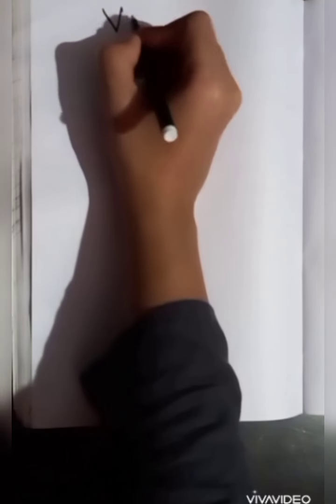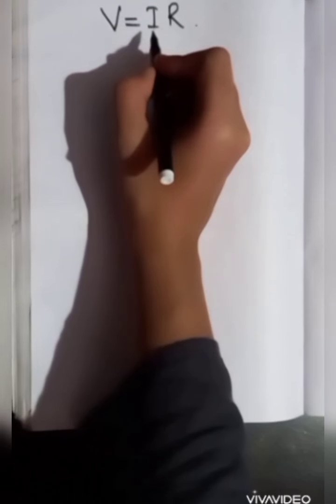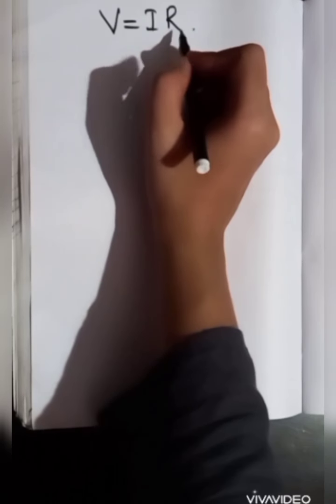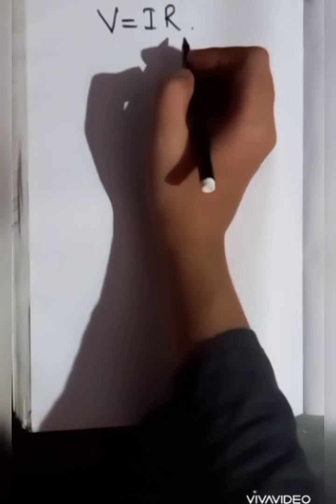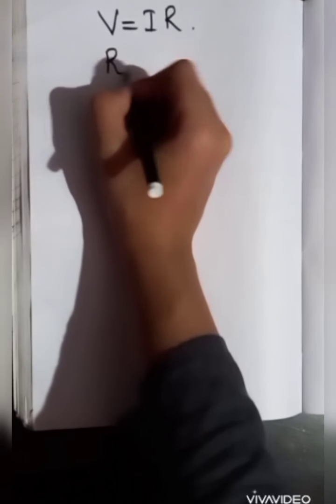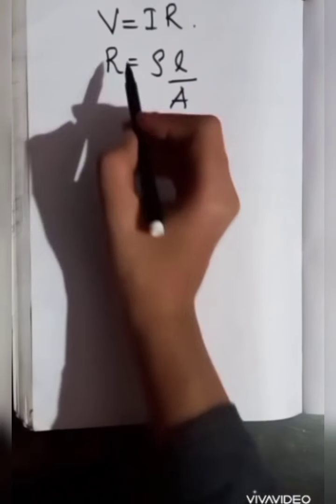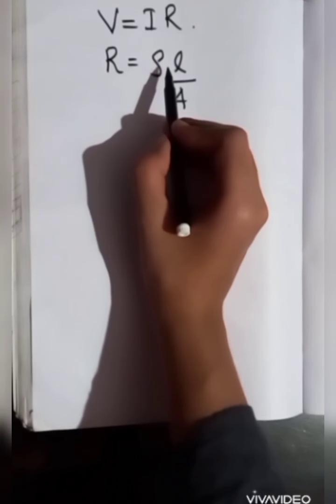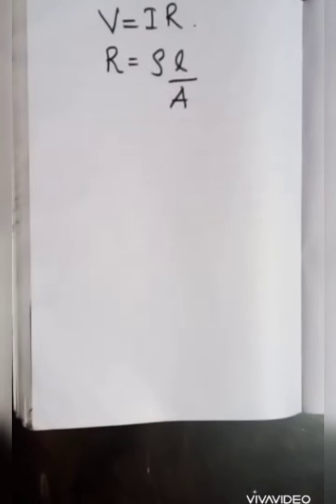Here we discussed Ohm's law and the factors the resistance depends upon. In Ohm's law, we get an equation, V is equal to I into R, where V is the potential difference, I is the current and R is the resistance. Then we get another equation, R is equal to rho into L by A, where R is the resistance, rho is the electrical resistivity, L is the length, and A is the area of cross section.